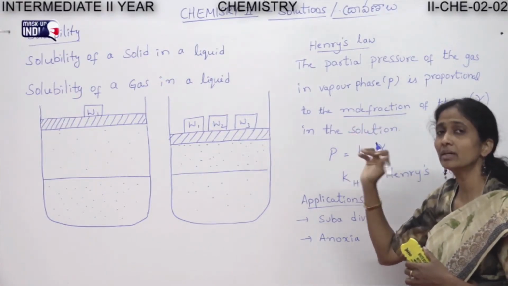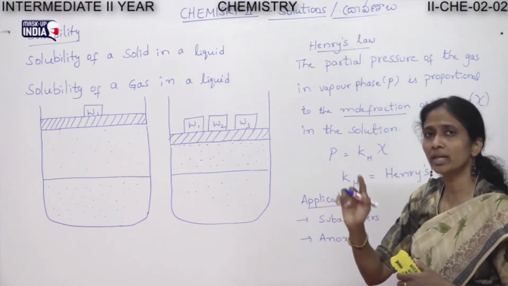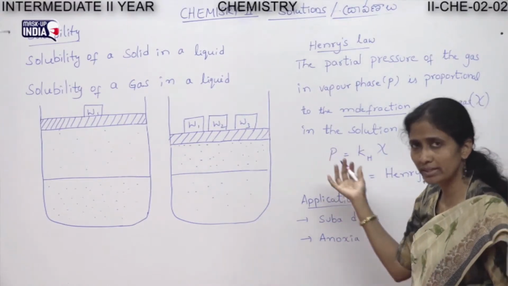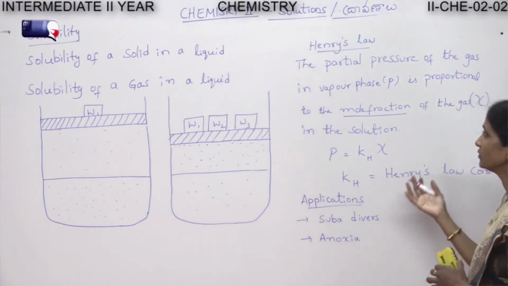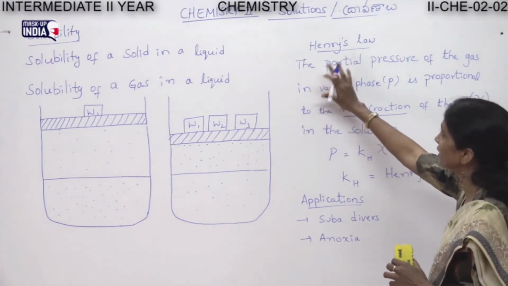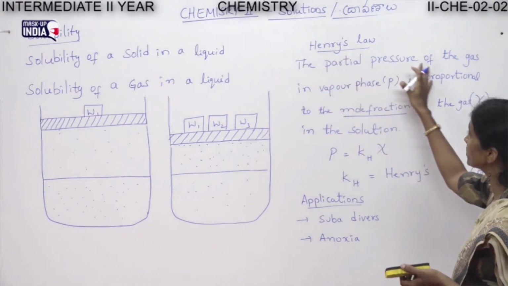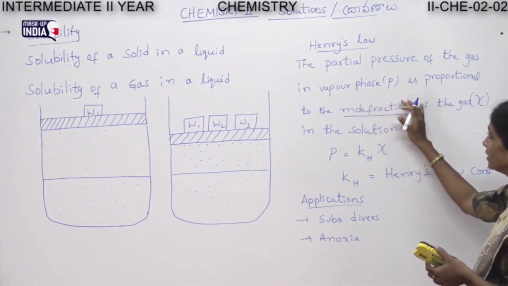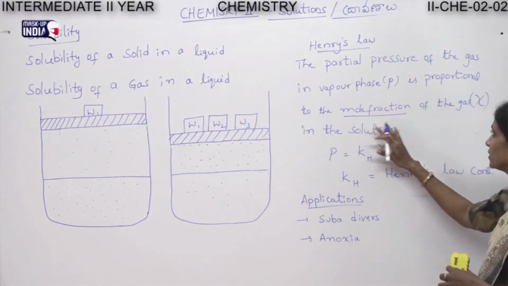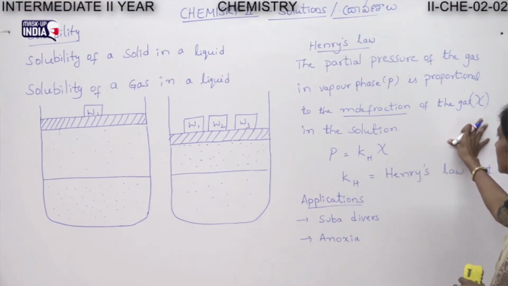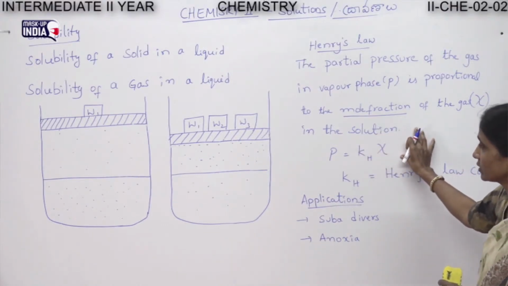Already we have done this. So one more time, Henry's law: the partial pressure of the gas in vapor phase is proportional to the mole fraction of the gas in the solution.